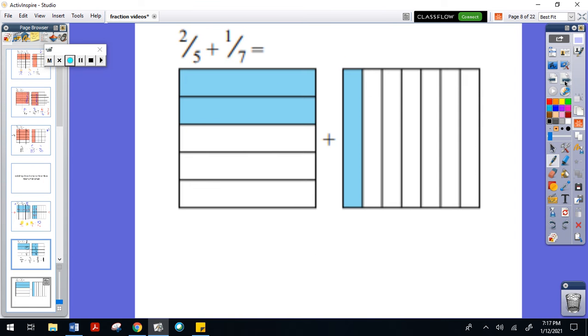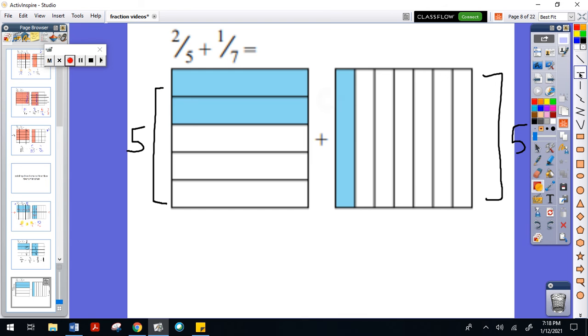All right, let's look at one more together. So right here, I notice that I have 5 rows. So I'm going to come over here and make 5 rows. I'm going to go across to mirror what I have.